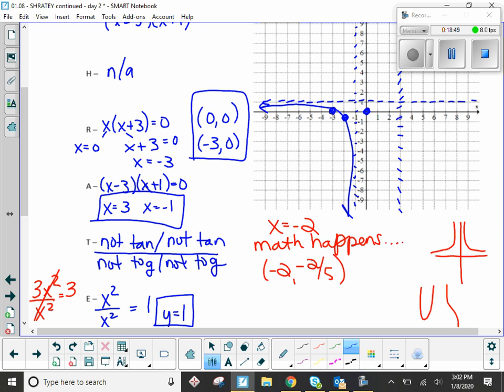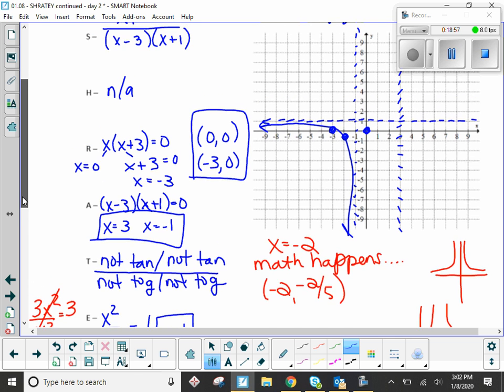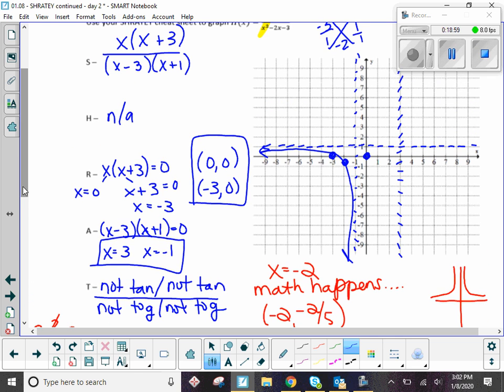For the most part, I can just use all this other information to deduce what the rest of the stuff is going to look like, to just figure it out using my brain. And here's what I mean. So this is all the way up to that first asymptote. Now I need to know what's going to happen on this side of that line. I have a point. I have one point. Which part of SHRATEY will tell me how the graph is going to behave right on the other side? Which letter?